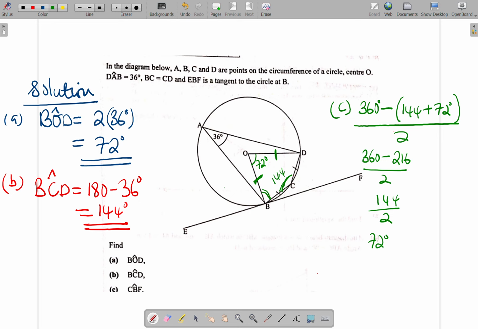So this angle here is 72 degrees. This angle there is 72 degrees. That is also 72 degrees.